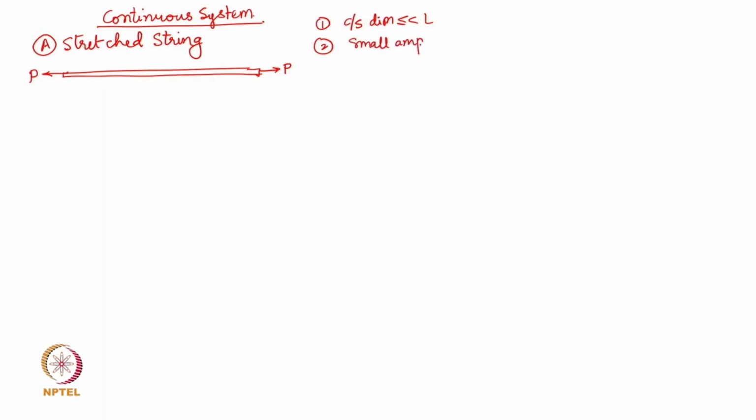It means that the string is going to vibrate in the lateral direction with very little amplitude, so the slope change across a small distance is going to be very small. The third one, as we discussed, is that the vibration happens in only one plane, lateral vibration.